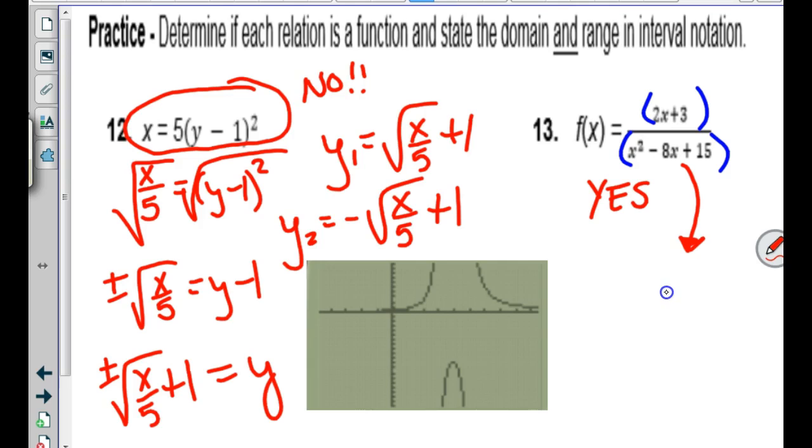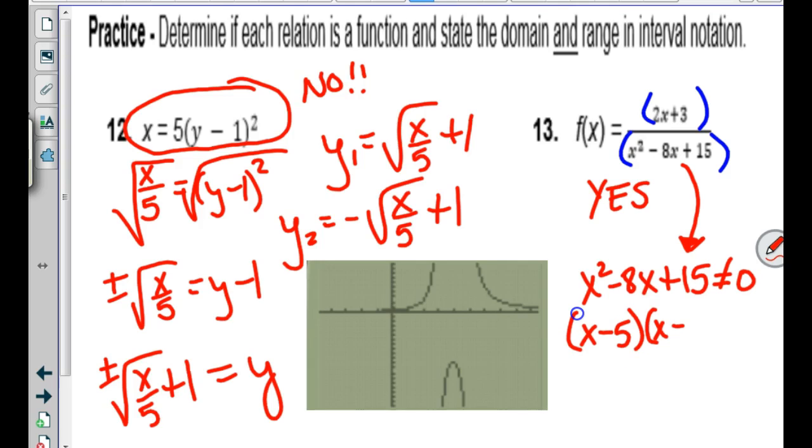X in the denominator. So we need to say what is making this denominator undefined. X squared minus 8x plus 15 can't do what? Yes. So if I factor, does that work? X minus 5 and x minus 3, guys?